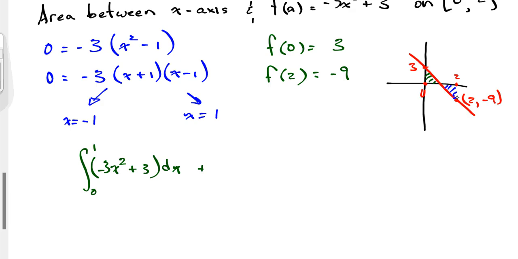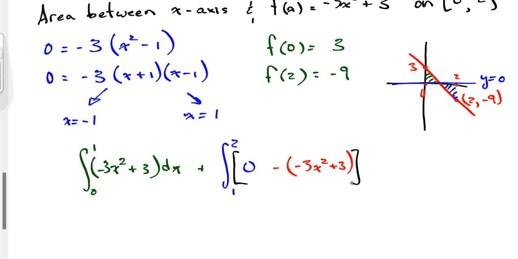But I know it's going to be positive. So I think of it as two functions. I have this function, which is y equals 0, and I'm going to subtract the red function from it. So I'm going to have the integral from 1 to 2 of 0 minus my function, which was negative 3 x squared plus 3.